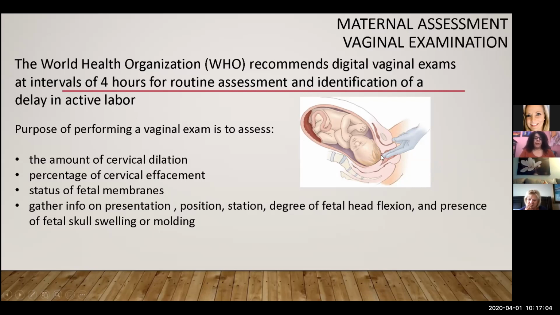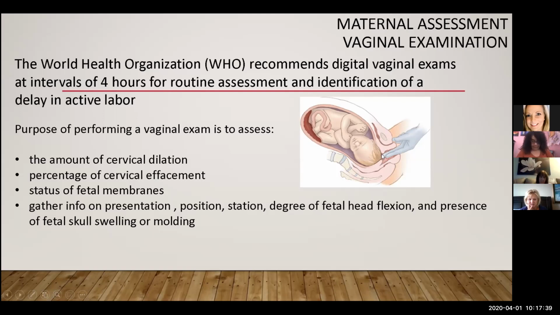I can determine the fetal position. I can determine the station, again sweeping my fingers side to side and finding those ischial spines and where in relation that is to the fetal head. And the presence of molding can be assessed, like Ms. Concepcion and I were just discussing. In addition, the membranes can also be evaluated, and they can be described as intact, or bulging, meaning they're coming through, kind of like a squishy balloon.